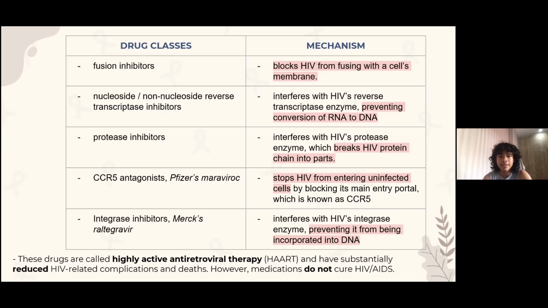Protease inhibitors break the HIV protein chain into parts. CCR5 antagonists stop HIV from entering uninfected cells. And integrase inhibitors prevent HIV from being incorporated into DNA. These drugs, however, do not cure HIV or AIDS.